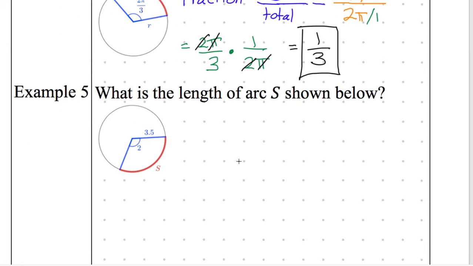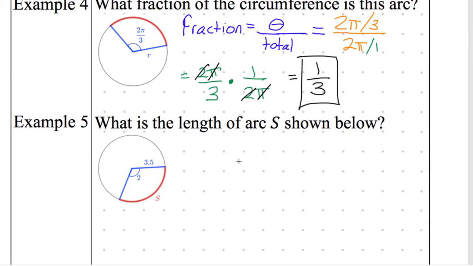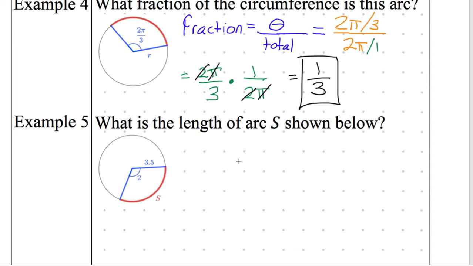And our final example, example 5. I need to find the length of S. So again, I need that formula, the formula from the front side of the page, the one that we started. Easy participation points. Someone repeat the formula for us.